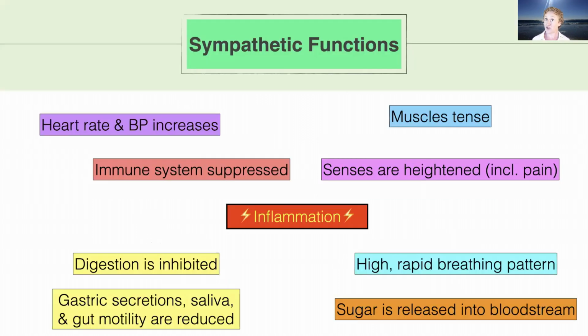So these are some of the things that happen when we're in that sympathetic dominant fight or flight anxiety state. Heart rate and blood pressure are going to go up, right? So we're going to mount a response. Remember, the body thinks it's under threat when it's mounting this response. So we need to get blood pumping around the system. The muscles are going to tense, right?